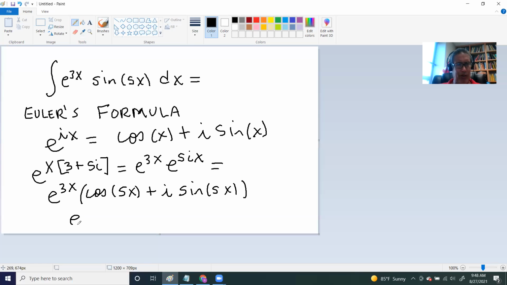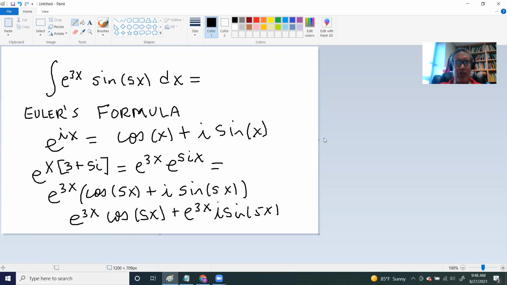And doing a little bit of algebra, e to the 3x cosine 5x plus e to the 3x times i sine 5x.